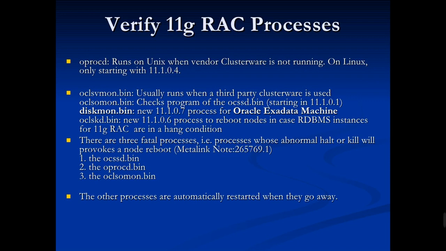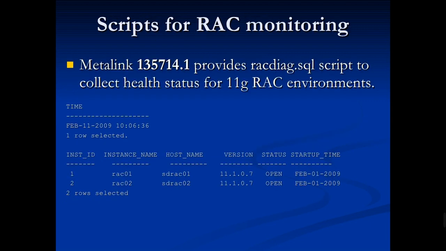We can check with that OS command whether they are running or not. The other processes are automatically restarted when they go away. In another video, I will explore how the Oracle RAC clusterware processes are started, and I will explain it deeply in my next video.